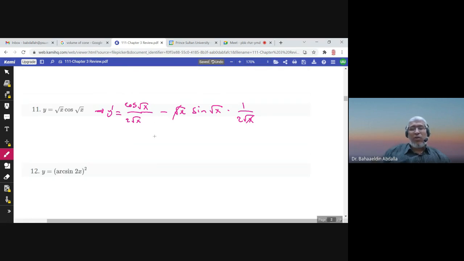So the final answer would be cosine square root of x over 2 square root of x minus sine square root of x over 2.